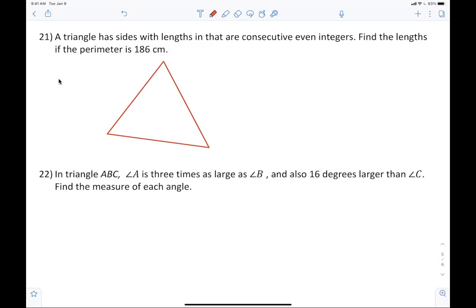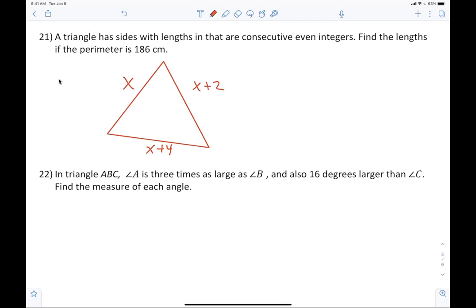X and X. Would those be consecutive evens? Oh, then it's like X plus 2 and then X plus 4. You are amazing. Thank you. X plus 2, and X plus 4. That is exactly correct.